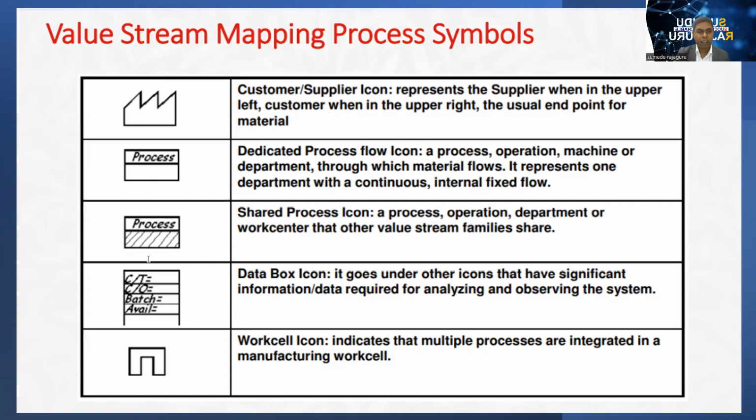Then the fourth symbol is the data box. When we draw the value stream map, under every process flow icon, we have to put the data box. Inside the data box, there is some information. CT means cycle time, CO means changeover time.